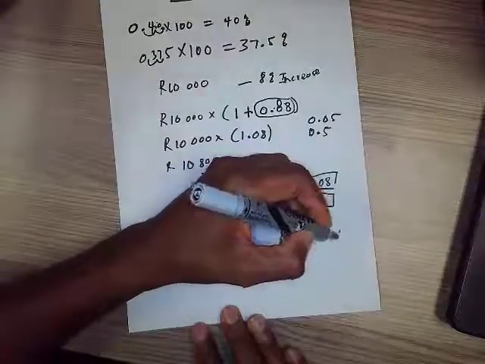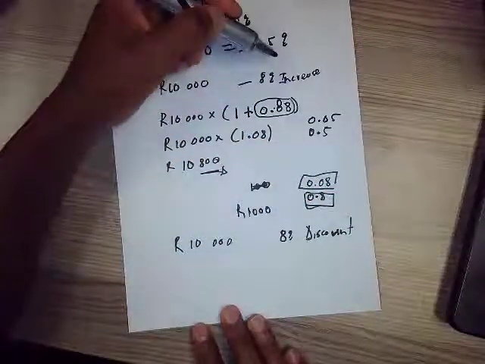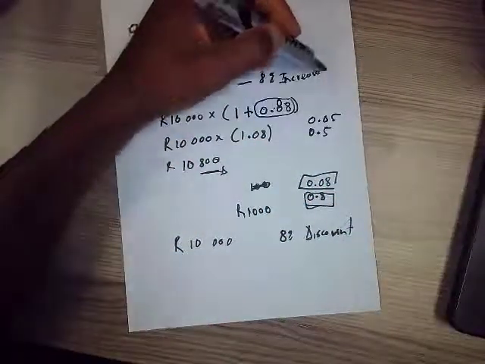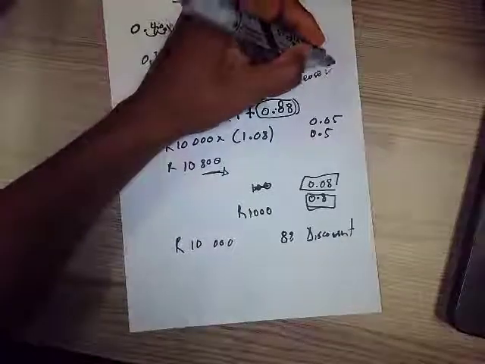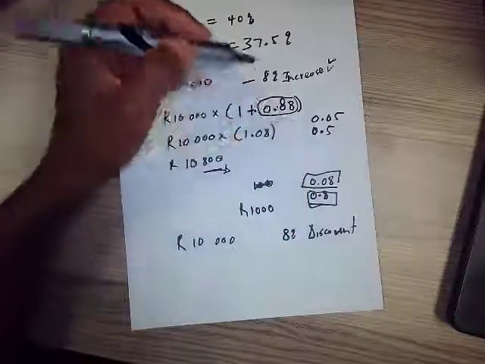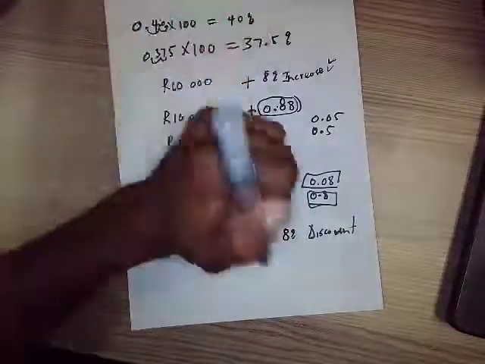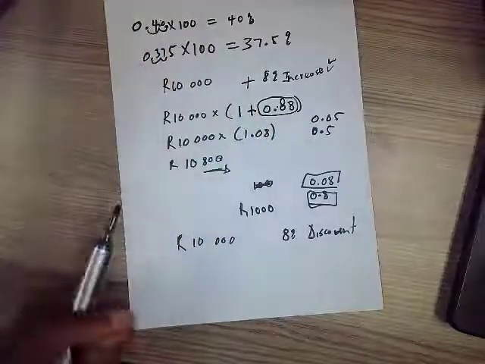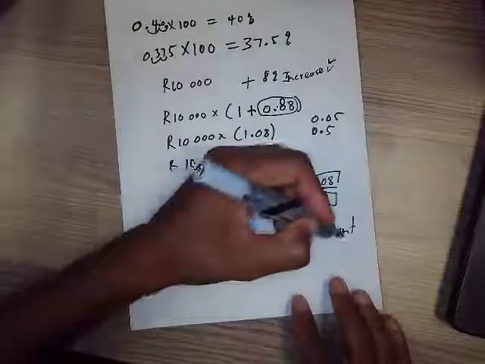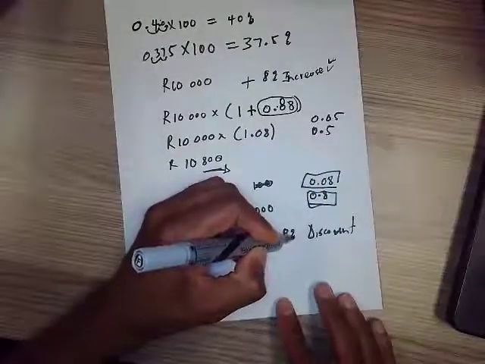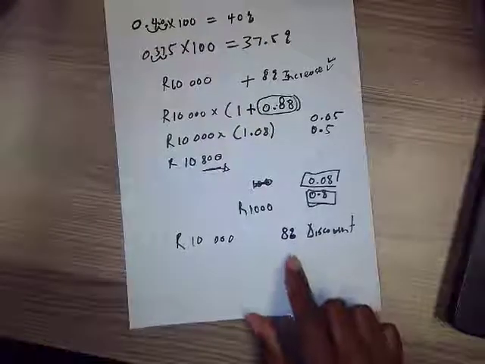So a discount is the opposite of an increase. An increase is a plus, you add the increase. But the discount is off, off the amount.